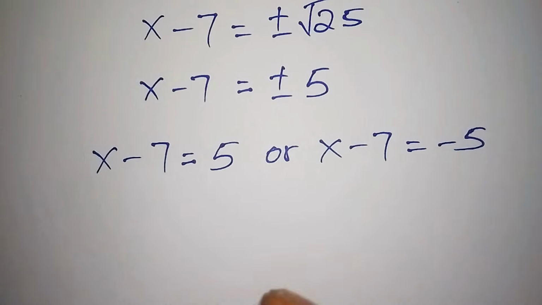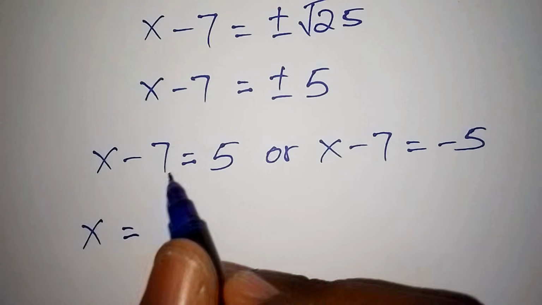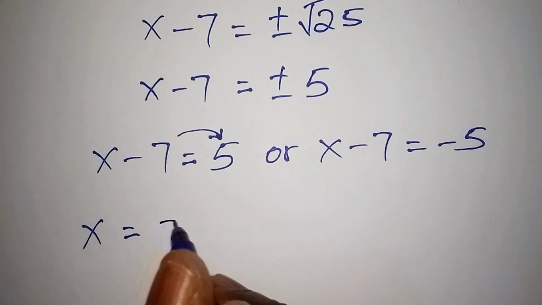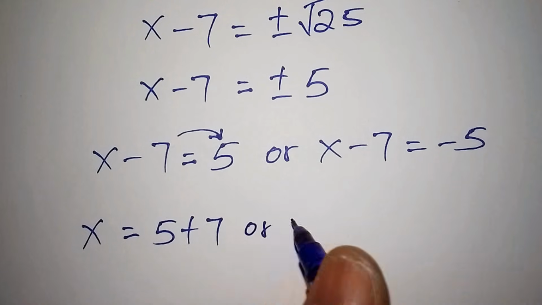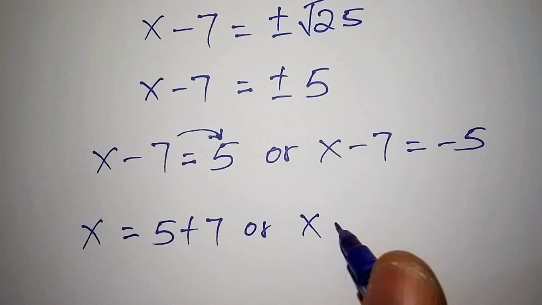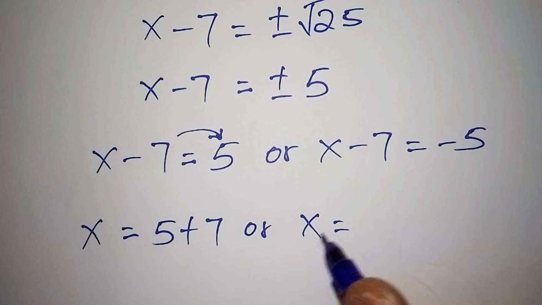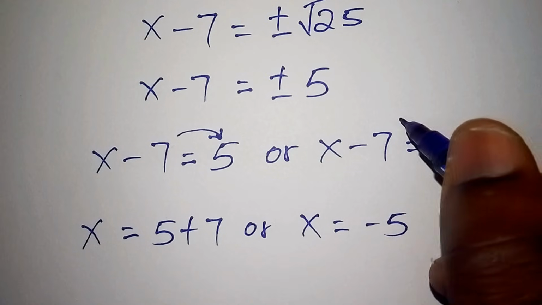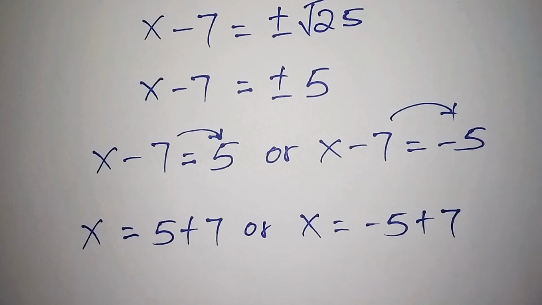So x is equal to 5, and the minus 7 crosses the equal sign and becomes plus 7. Or x is equal to minus 5, and when the minus 7 crosses the equal sign, it will be plus 7.